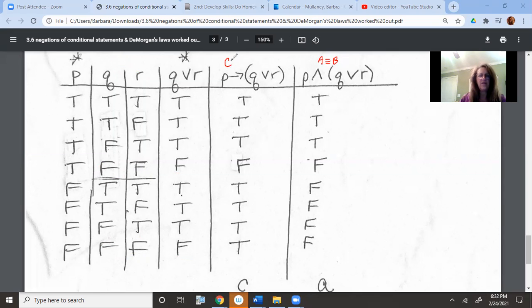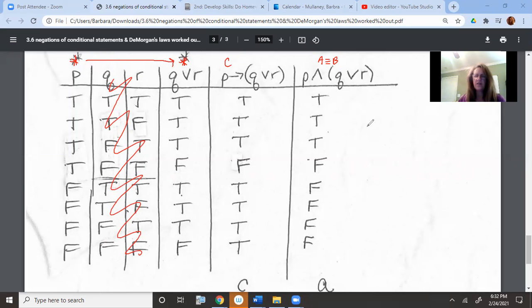C is if P, then Q or R. So I starred the column for if P, then Q or R, so that's this fourth column. Now the arrow goes in this direction, so I'm not worried about these two columns here.